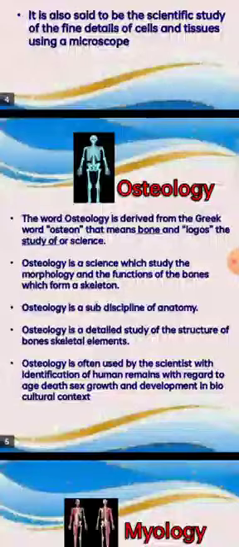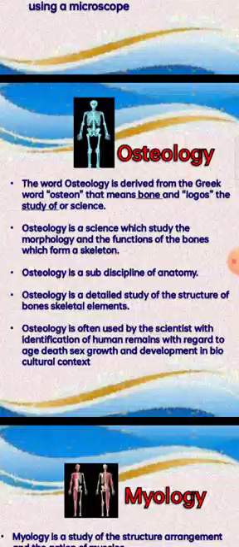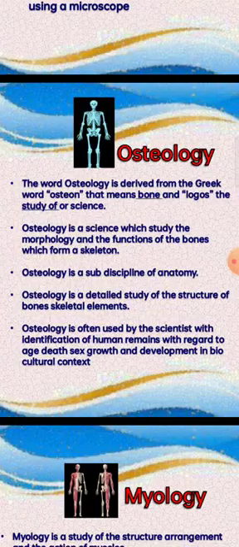The third one is osteology. The word osteo itself means bone. It's a Greek word, osteon, that means bone, and logos, as I already said, means study of or science. So the study of bones is called osteology.